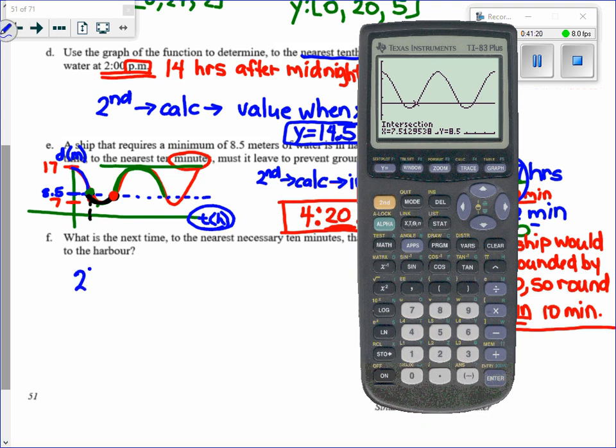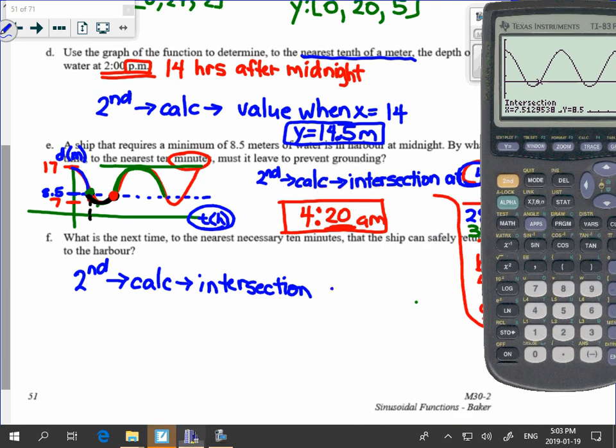Okay, so second, calculate intersection, and it was at 7.513. And again, that's measuring in hours. We need to know what is the next time, not how many hours after midnight, but what is the next time.